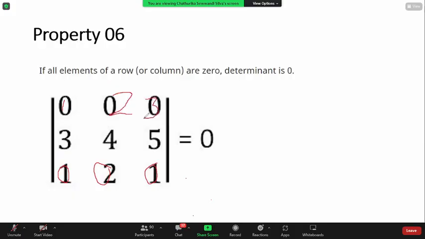Then you may not recognize it, because you are accustomed to finding the determinant with respect to the first row, so you are going to calculate again. No need to calculate. If a full row or a full column is totally zero, then the determinant is zero. No need to find it.